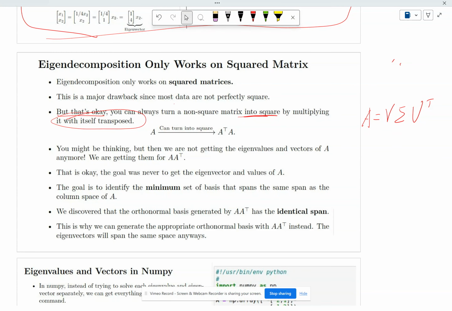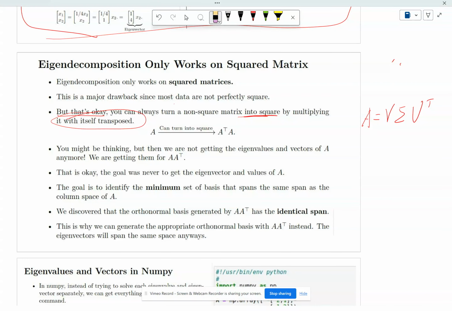However, the goal was never to specifically focus on the eigenvectors and eigenvalues of A. The goal for us is to identify the minimum set of bases that spans the same span as the column space of A. So as long as we have an orthonormal basis that can span the column space of A, that's all we really care about.